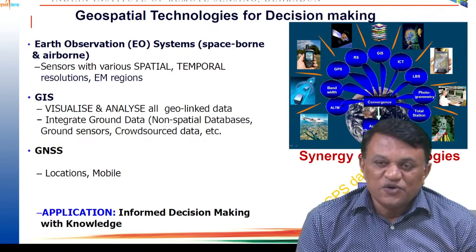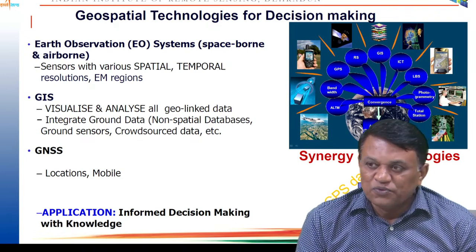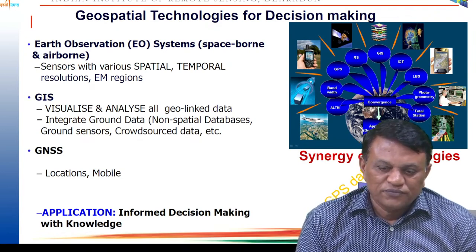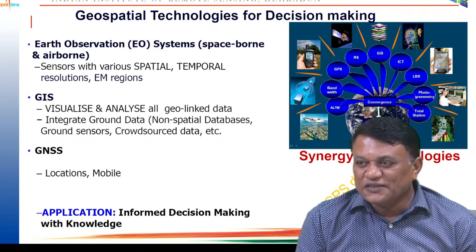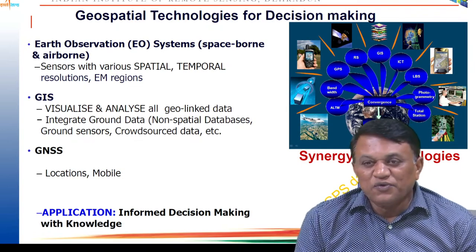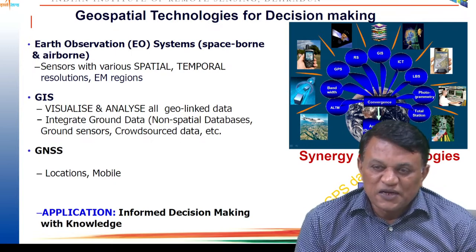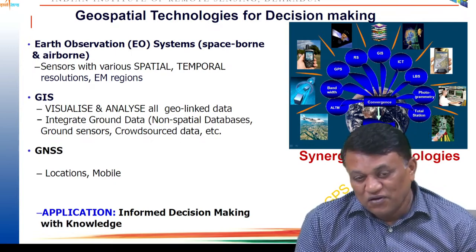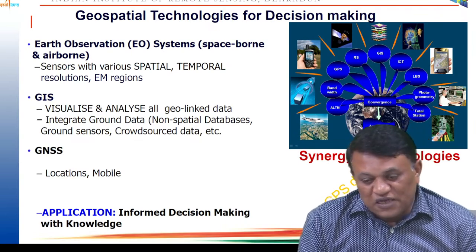GIS, that is a geographical relational database system, helps to store, analyze, manipulate, and visualize spatial and non-spatial data. Spatial data may be different kinds of imagery, vegetation index, land use, land cover, soil, different meteorological data, solar radiation, and so on.